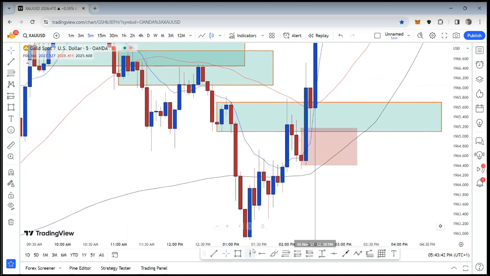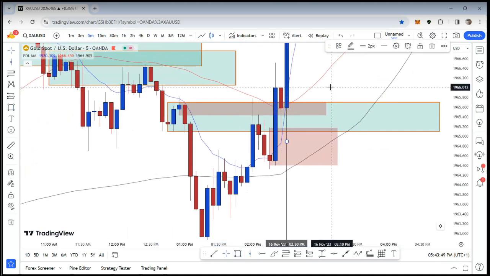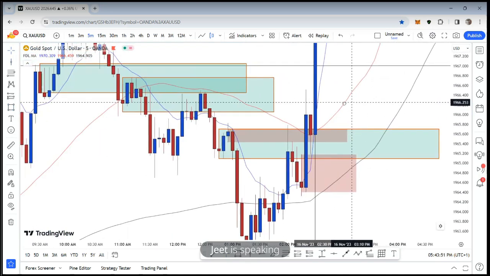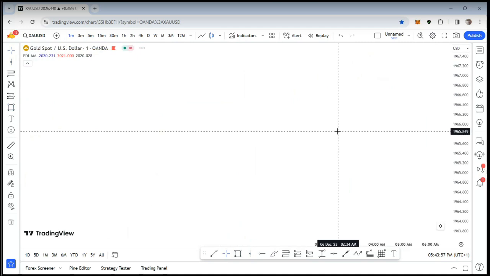You can see that the 15-minute structure is bullish, and this is a retest. Can you see that, guys? Yes. So according to the law of retest, if I have a 1 minute change of storyline, what do you think I'll be doing?